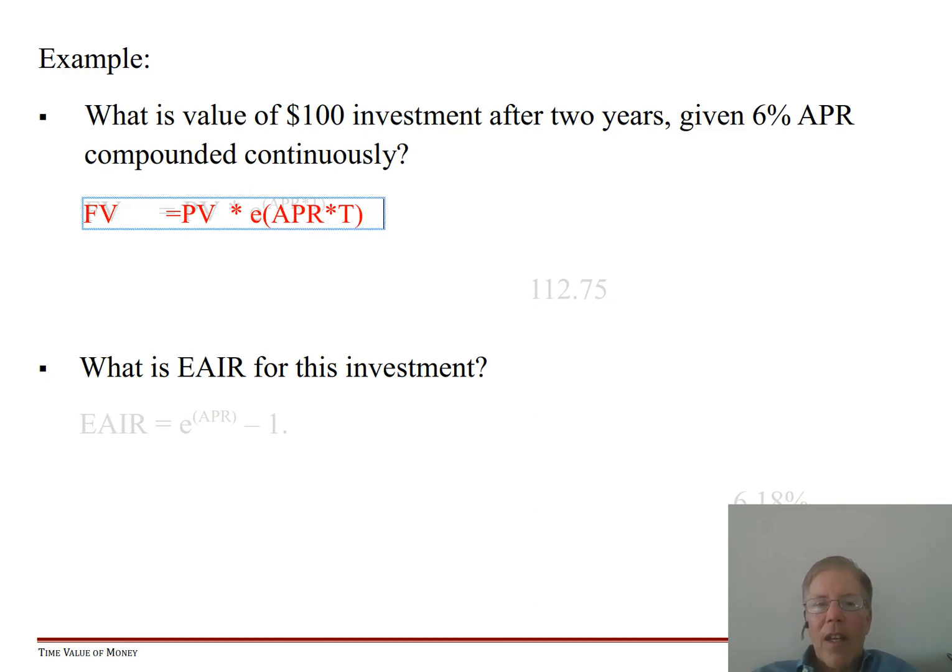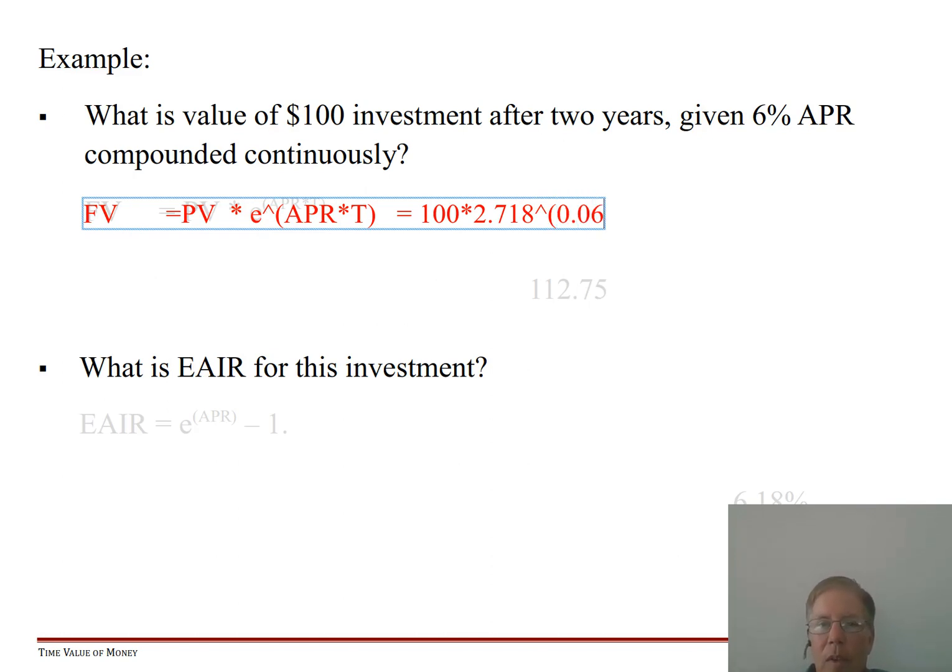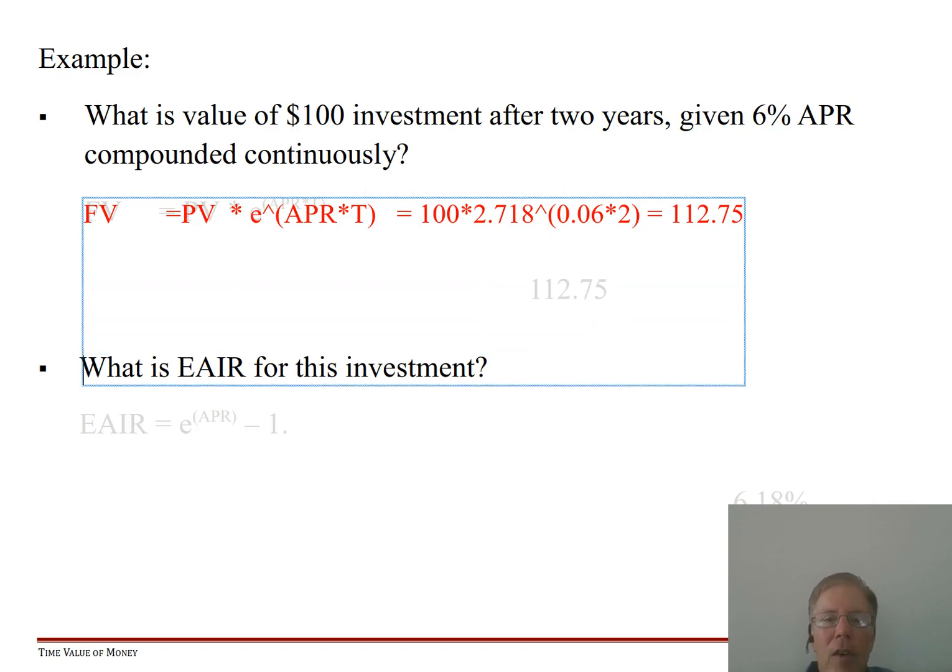In our case, that's 100 times 2.718 raised to the APR, 6%, 0.06 times 2. If you work that out, you get 112.75.